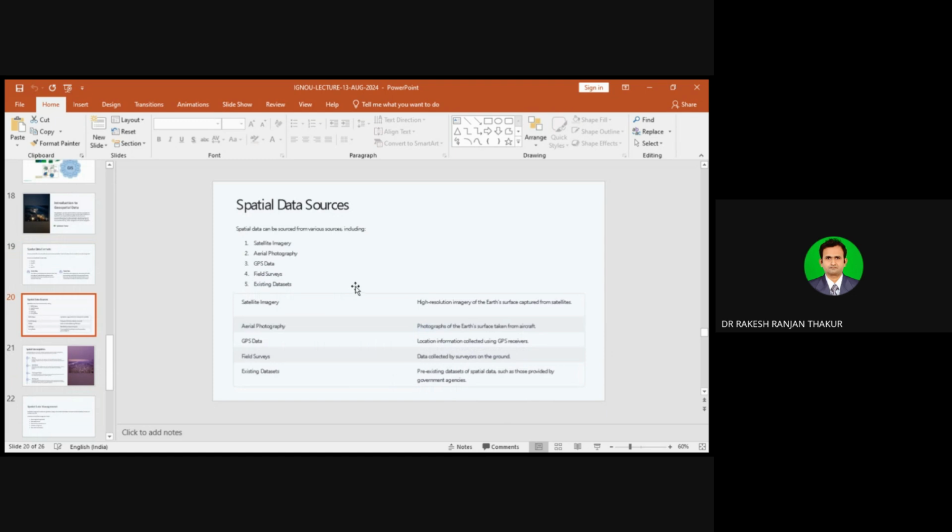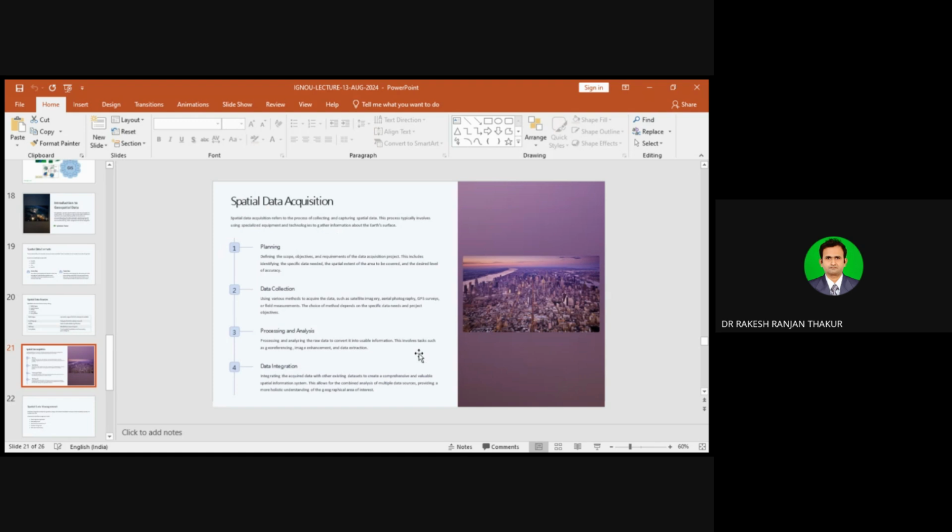Then spatial data sources. What are the sources for spatial data? Obviously satellite imagery, aerial photography, GPS data, field survey, and also if you have some existing data set, that can also be one source. Then spatial data acquisition: how do we acquire the spatial data?